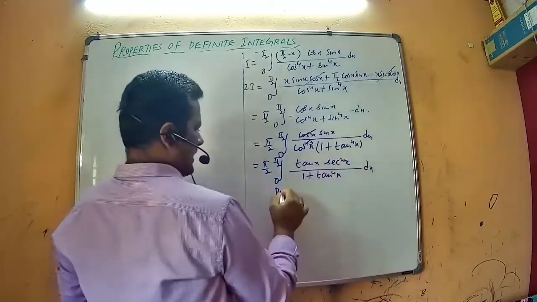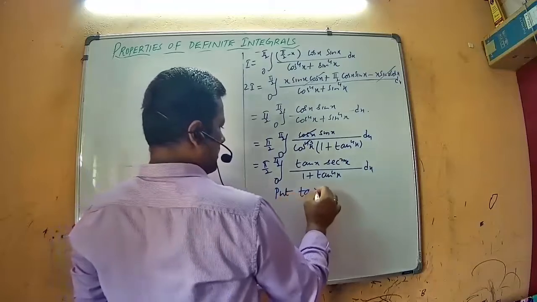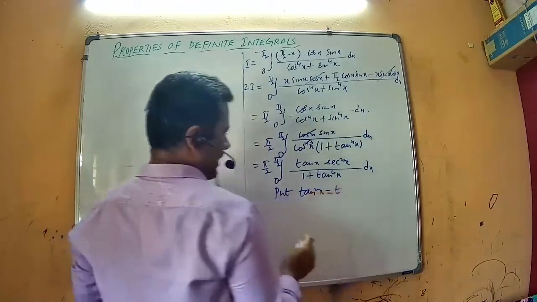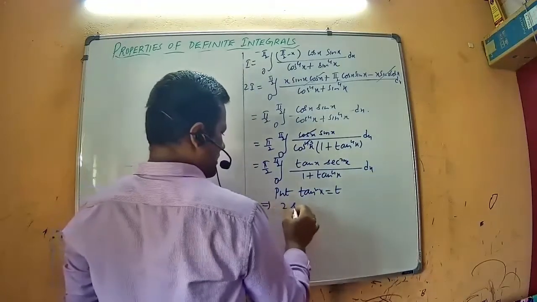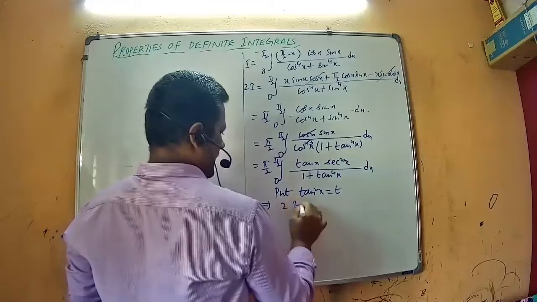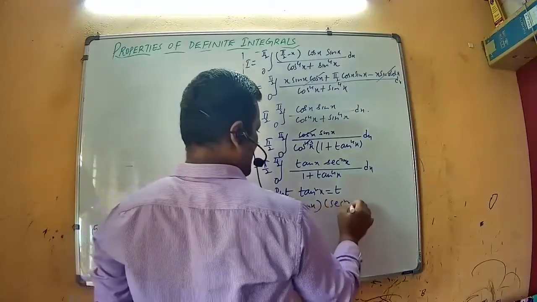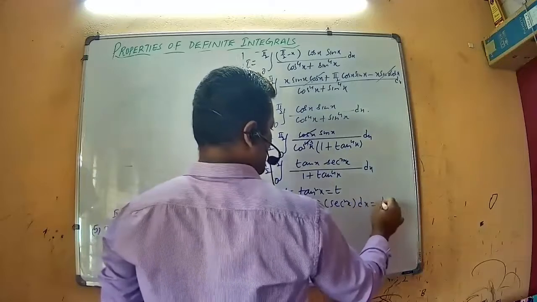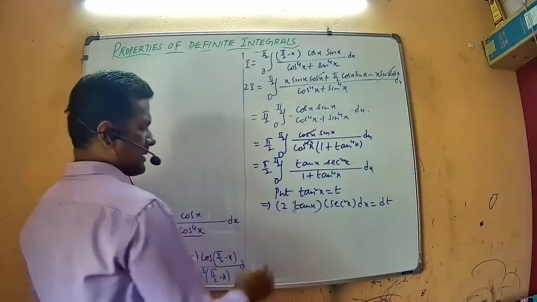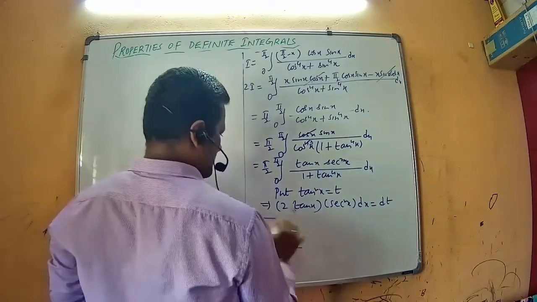Now put tan square x is equal to t. What happens? This is nothing but 2 tan x into the derivative of tan x, which is secant square x, into dx is equal to dt. Right. Now the limits also will change.